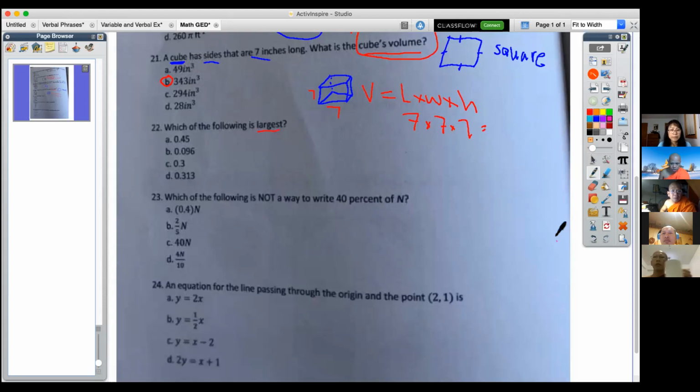C is the largest. Are you sure? Yeah. Number 20, what is the structure? Where? What 20? 2020.